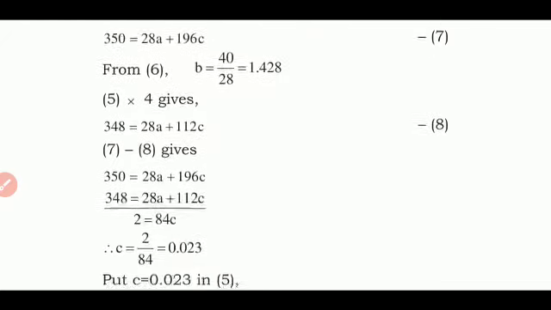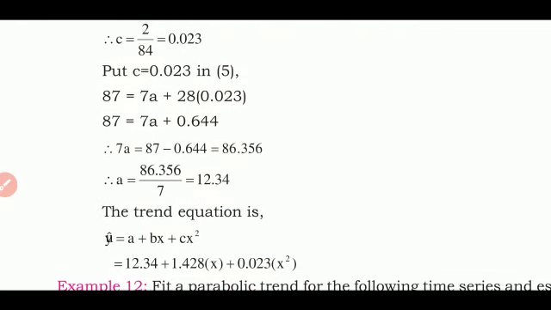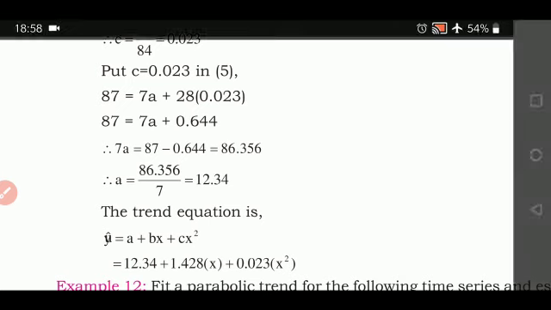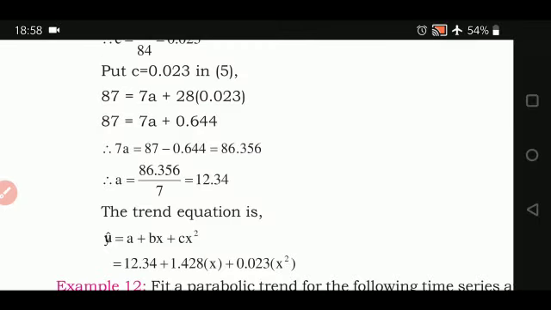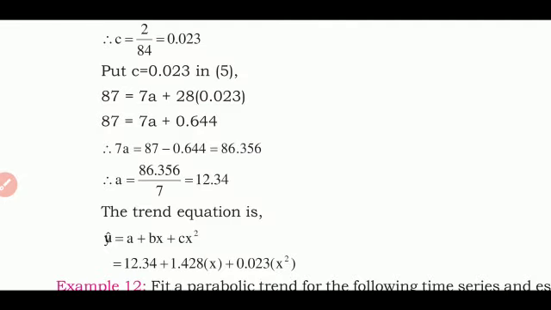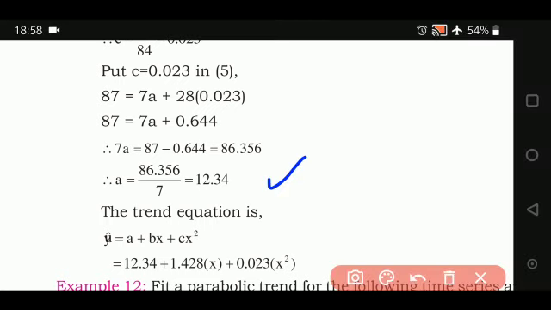Yes, in equation 5 you put the value: 87 is equal to 7a plus 28 into 0.023, and when you get it, 87 is equal to 7a plus 0.644. You simplify everything, and ultimately you get the value of a as 12.34.